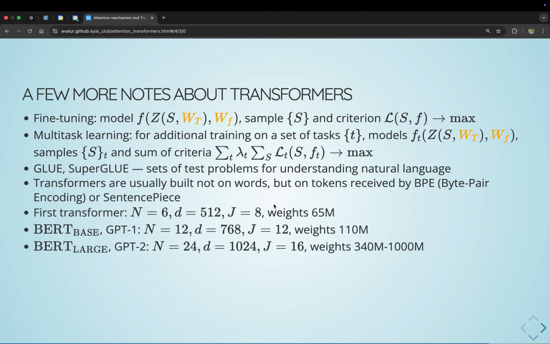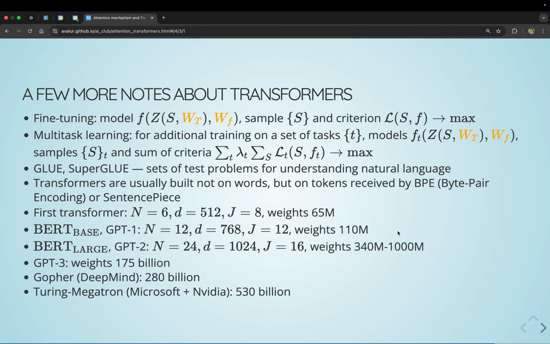And here are actual numbers. The first transformer has N equals 6, dimension d equals 512, and the number of heads in multi-head attention equals 8. And the overall number of weights inside the model was, you see, 65 million. Then BERT base and BERT large already have hundreds of millions of weights, and this is similar to GPT-1 and GPT-2 models.